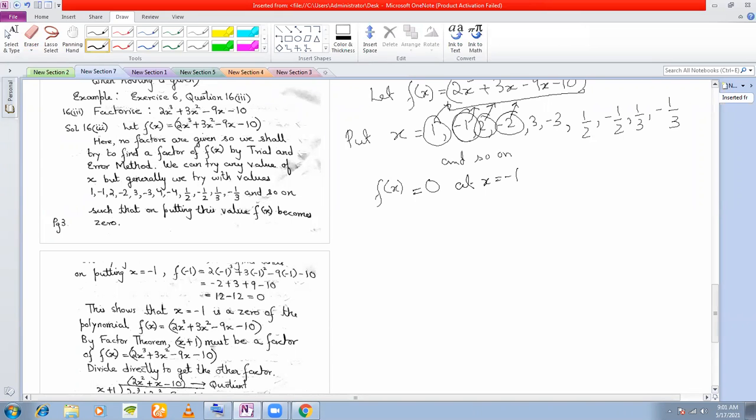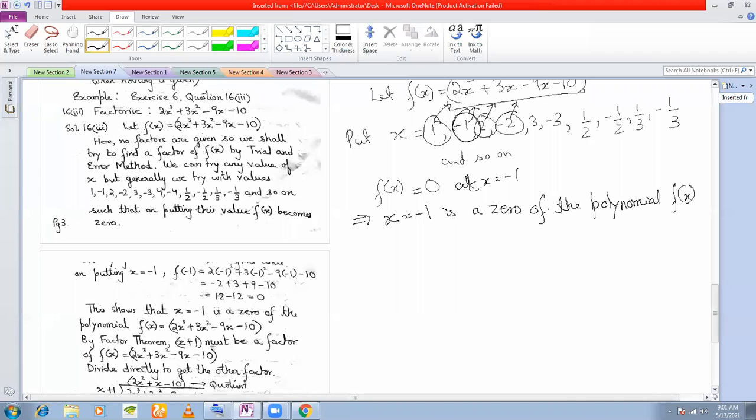But for minus 1, I got 0. So f(x) is equal to 0 at x is equal to minus 1. That means what can I say? x is equal to minus 1 is a zero of the polynomial f(x).